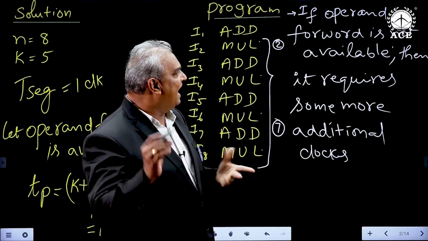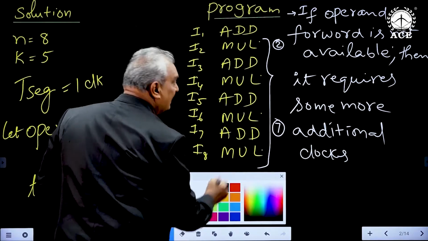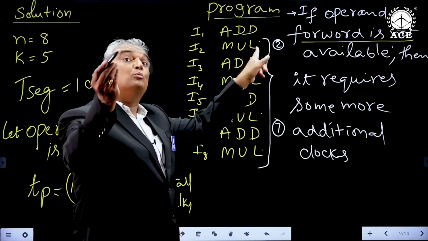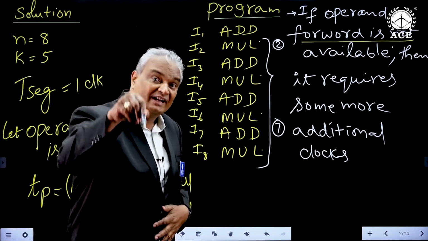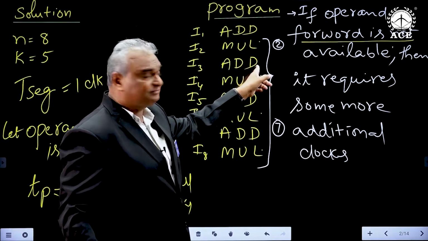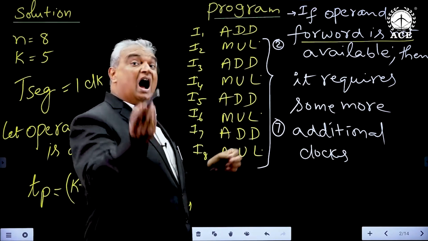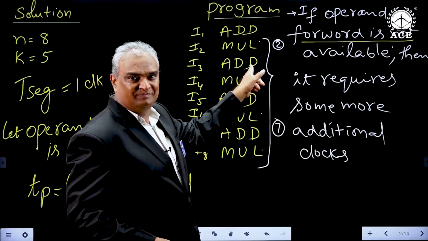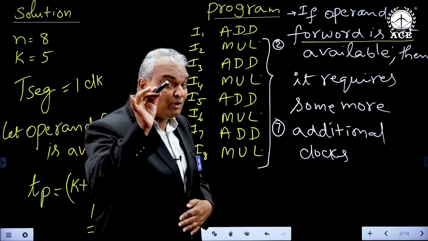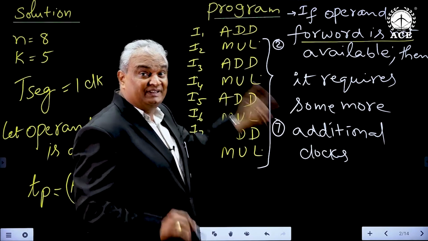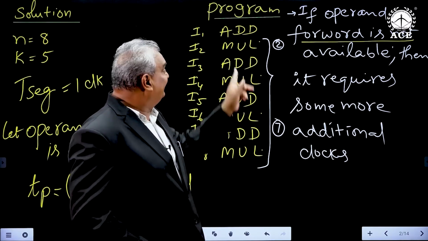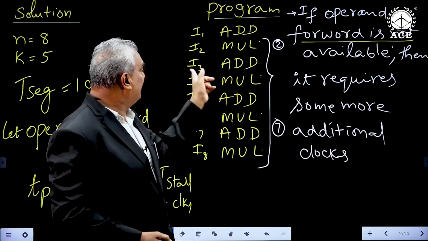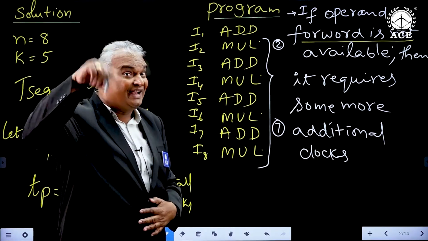That's why it requires 2 more additional clocks. After 2 more additional clocks, it can supply the partial result to this one. After getting the partial result, again it takes 1 clock. After completion of 1 more clock, it is ready to accept the partial result from this, but it can provide the partial result to this. I2 can provide the partial result to I3 after completion of again 2 more clock cycles.